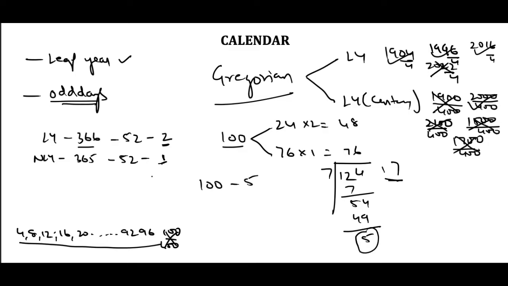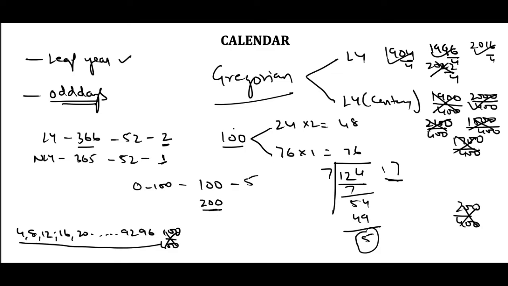Now if we look at it as a journey from 0 to 100, as 100 was not a leap year, there were 124 odd days, which is a total of 5 odd days. So if we talk about 200, that is from 101 to 200, again there are 100 years, and 200 is not divisible by 400, that means this 100 years does not have a century leap year.